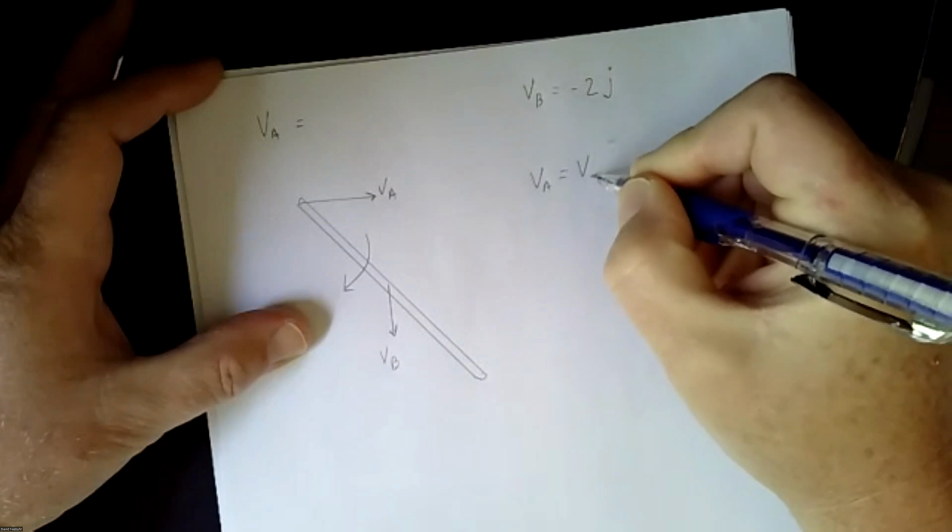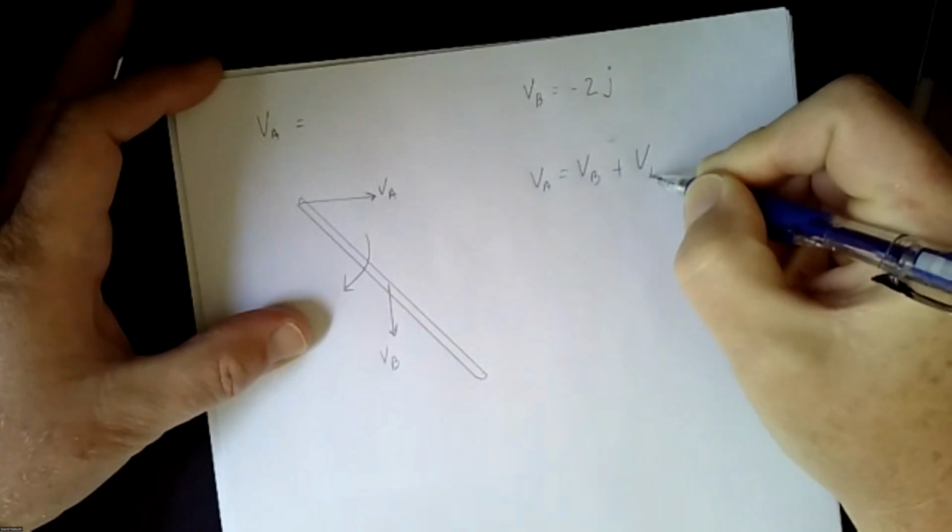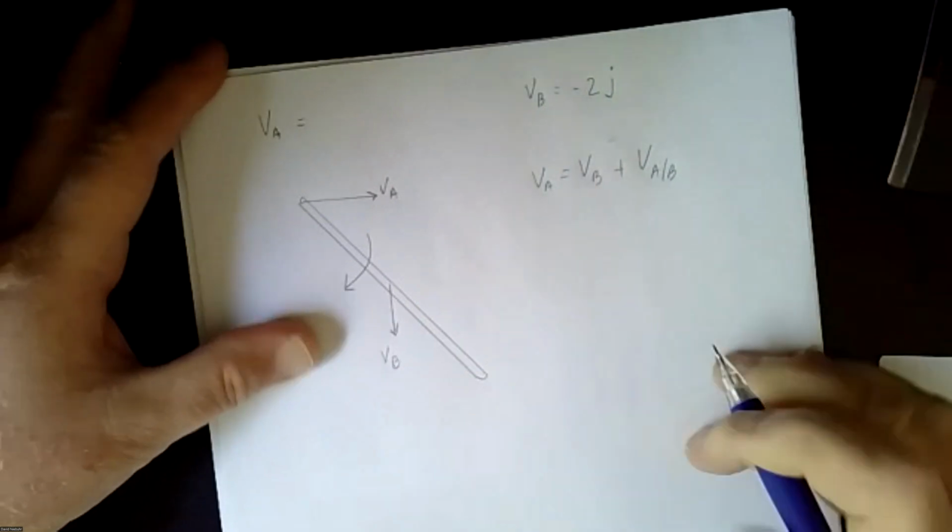VA equals VB plus VA relative to B. We know that.